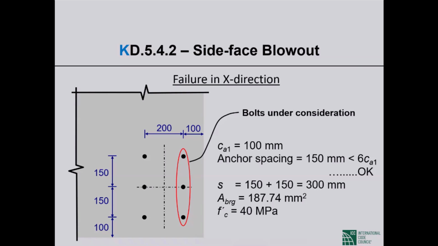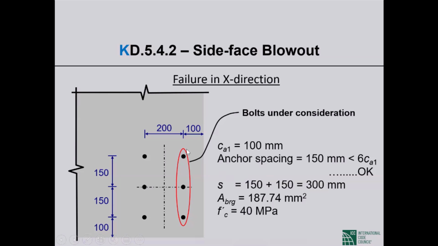Okay. So this is our anchor group. We are first considering side face blowout of those 3 anchors to the right. So these are the bolts under consideration. c_a1 is 100 millimeters. Anchor spacing is 150 millimeters, which is less than 6 times the edge distance, so that condition is satisfied.